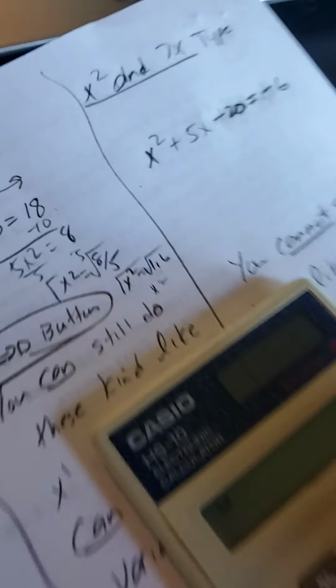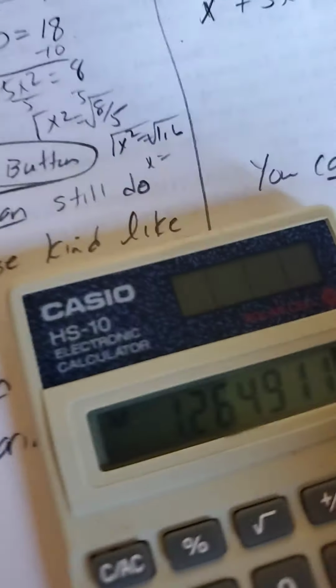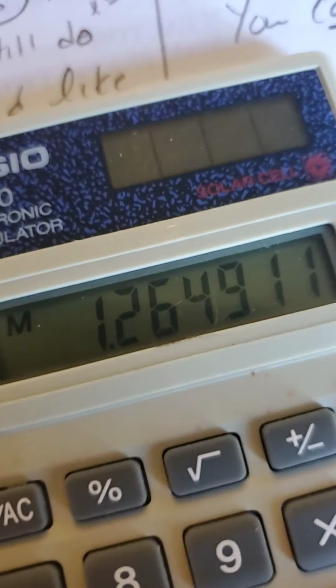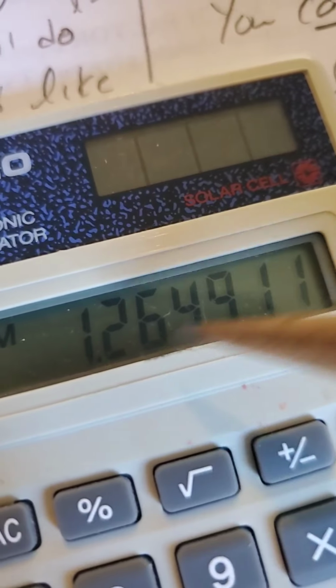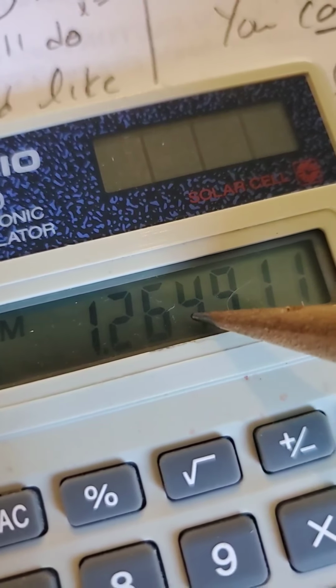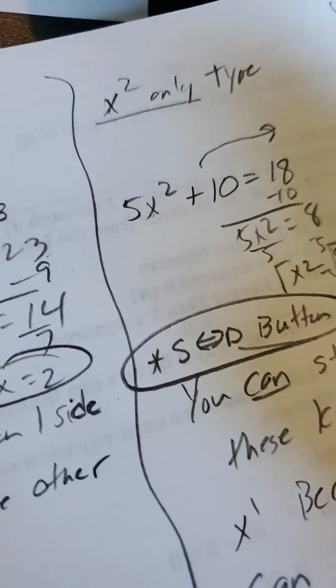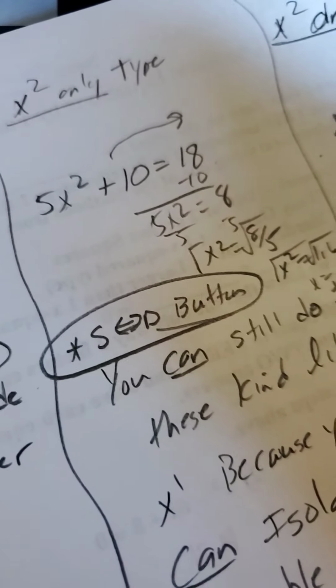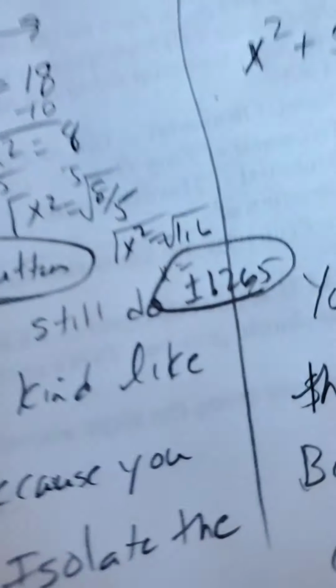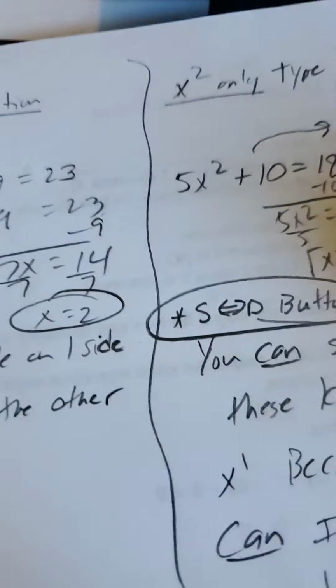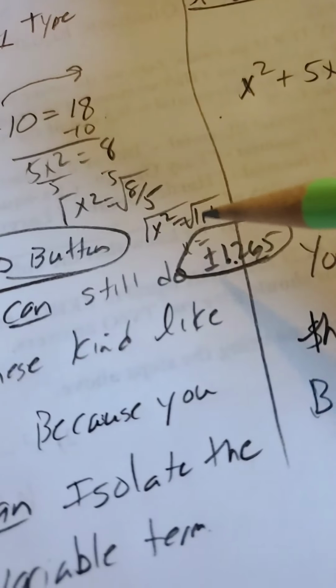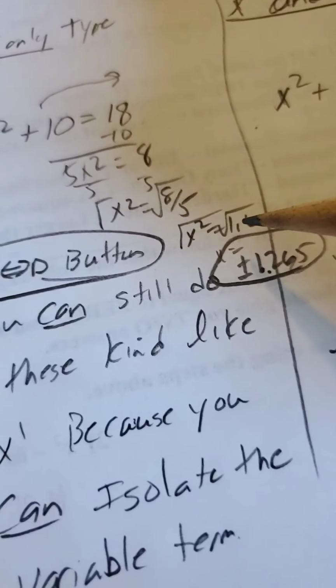The square root of 1.6 is, and you were supposed to round it to 3 decimals, 264, so the 9 says bump it to a 5. So your answer was, remember, plus or minus 1.265. Okay, 1.265.